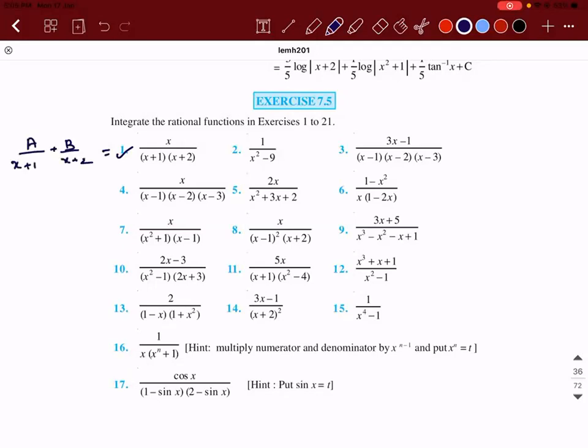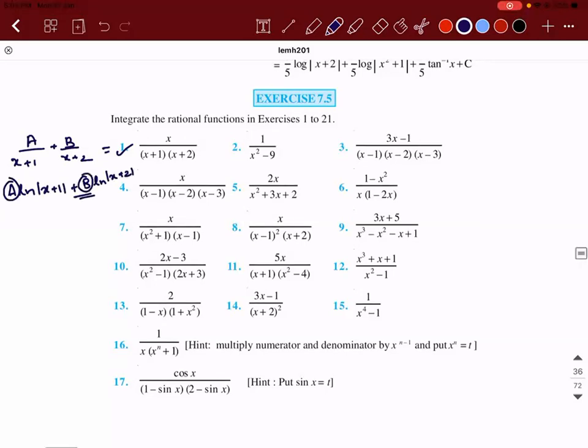Then we'll find A and B. So the answer is expected as A into ln of (x plus 1) plus B into ln of (x plus 2). This is more important. You should understand how the pattern works rather than memorizing, okay? The answer will come in this kind of a format. The only job that we have is to find the value of A and B.